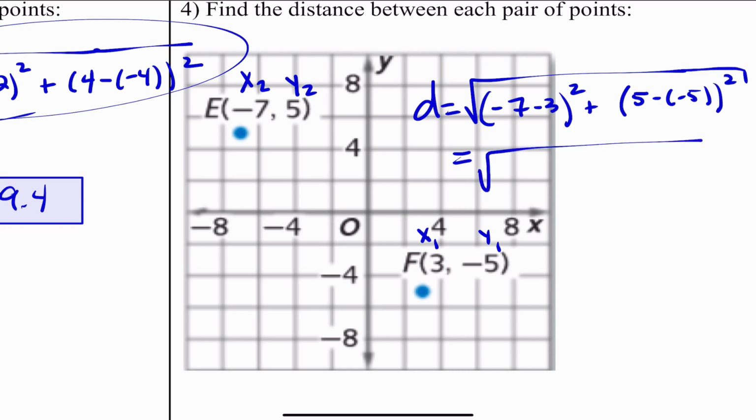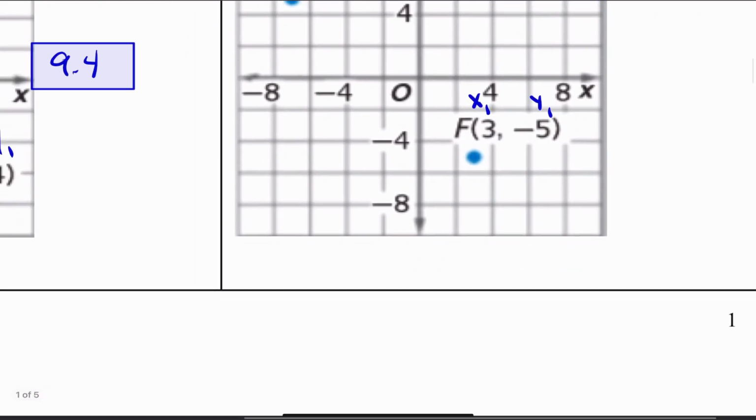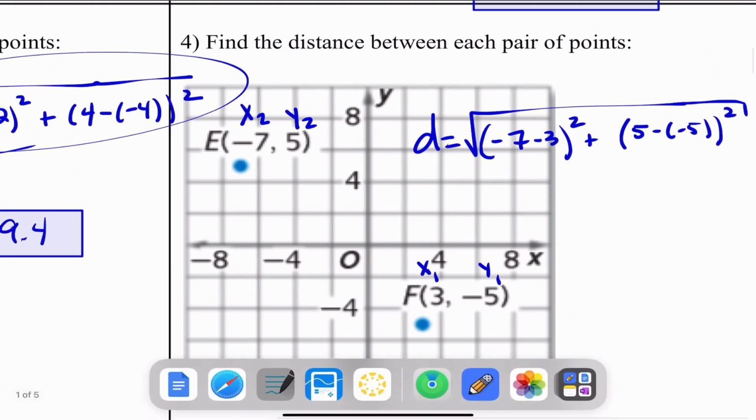So that's equal to, well, negative 7 minus 3. Oh, what am I doing? I don't need to go further because I can just put it in the calculator. I can basically stop here and then put it in my calculator.